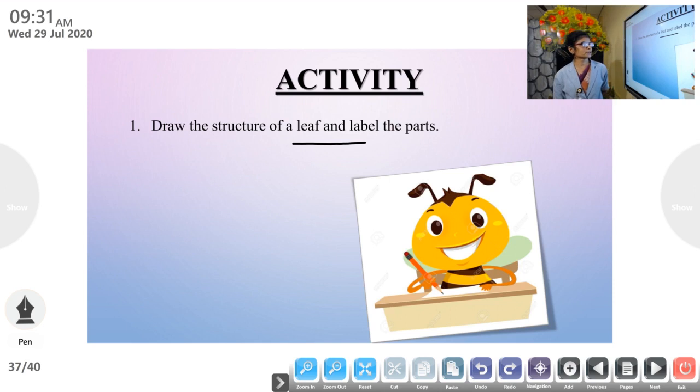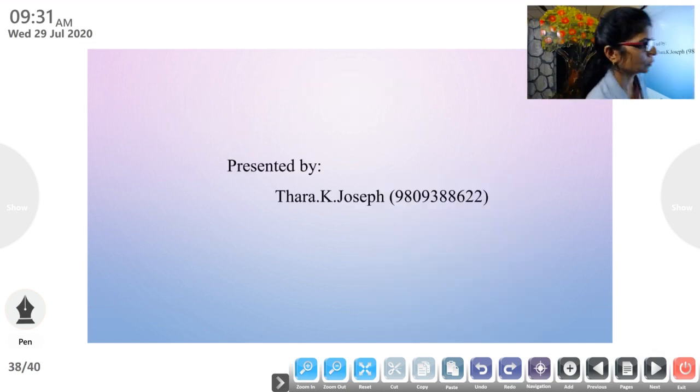It is sometimes asked in the exam also. The previous class teacher gave the assignment of taproot and fibrous root. These three diagrams are important: taproot, fibrous root, leaf. Study and draw them well, and label the parts. Okay? Is it clear? Understood?